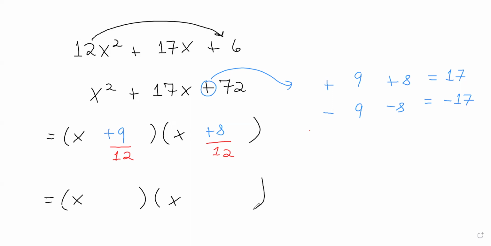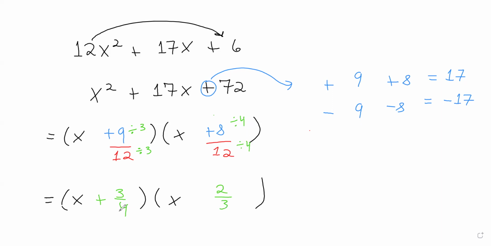But here we actually have 2 steps we have to do. First, simplify those fractions. Both of these numbers are divisible by 3 at most, right? Giving x plus 3 over 4. At most, both of these numbers are divisible by 4. So the fraction would simplify to being 2 over 3.